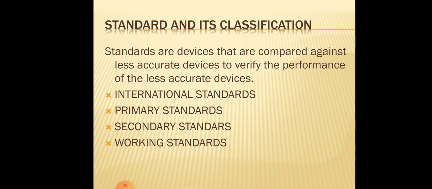Here we have seen the standard and its classification in the previous lecture. So what is a standard? Standards are devices that are compared against less accurate devices to verify the performance of the less accurate devices. As the word itself says, it is a standard type of instrument which is used by comparing with another instrument that is to be checked.